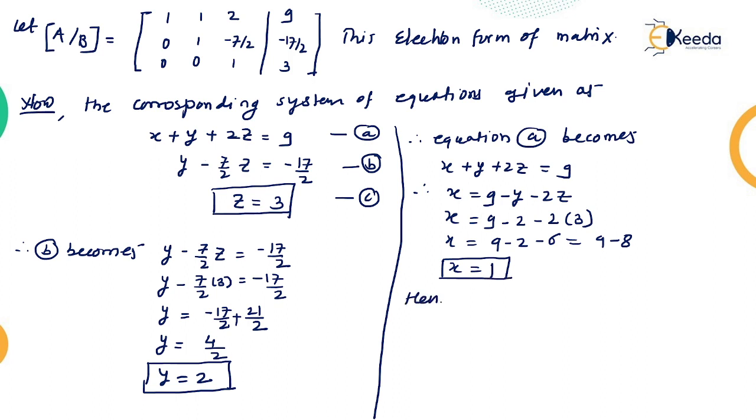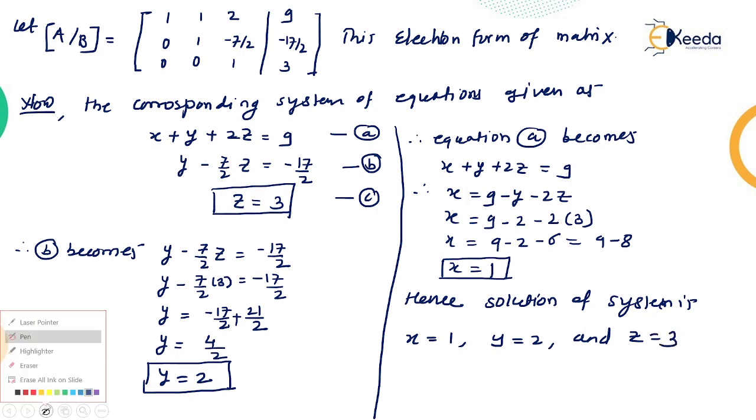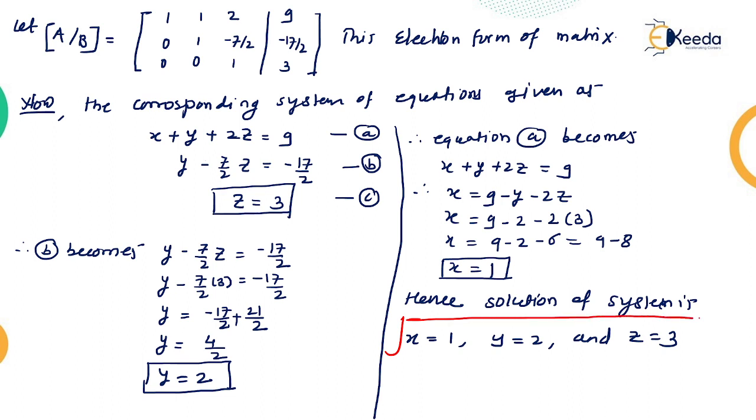Hence the solution of the system is x equal to 1, y equal to 2 and z equal to 3.